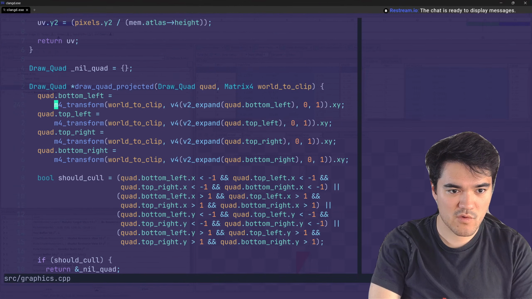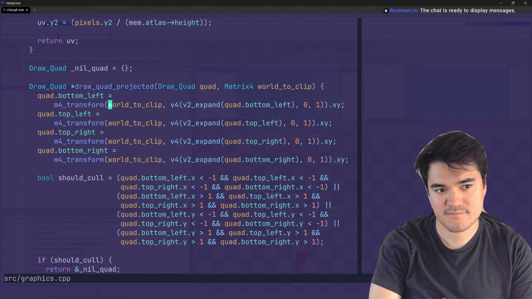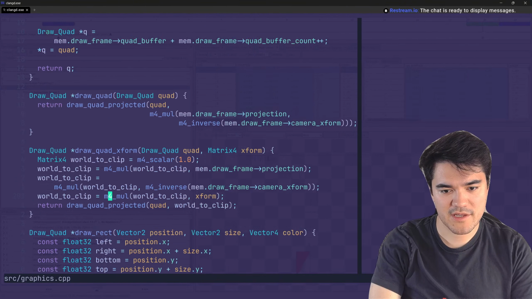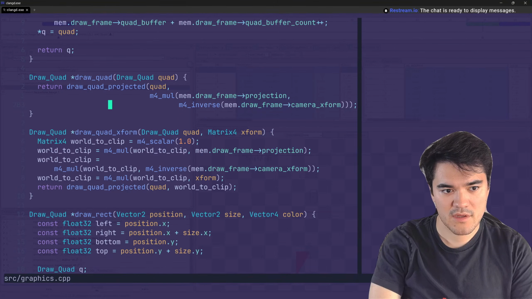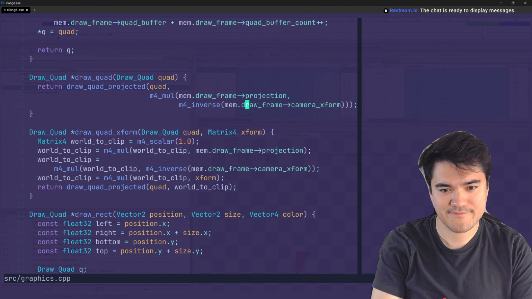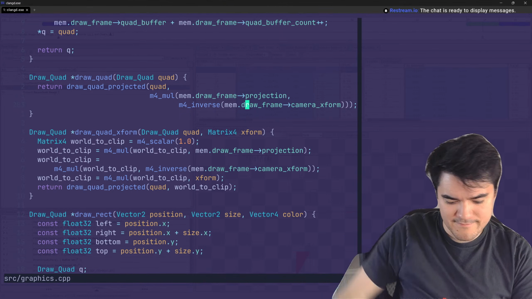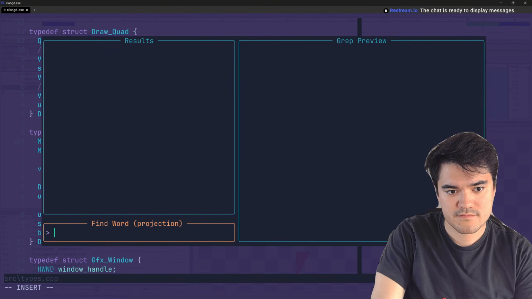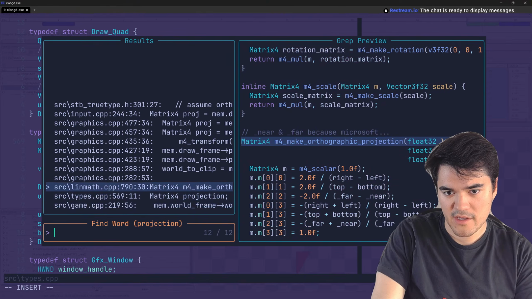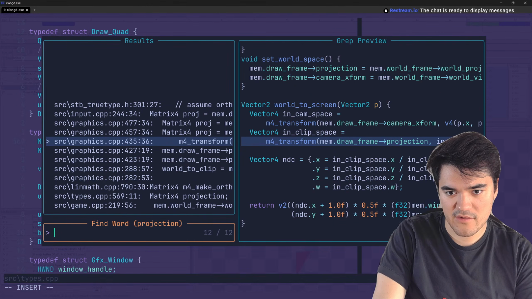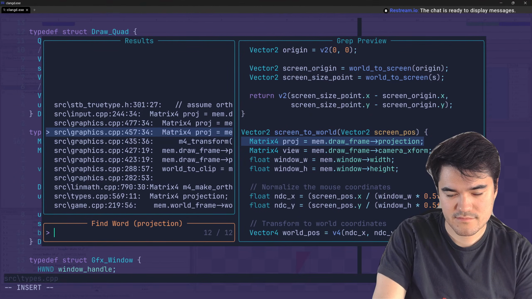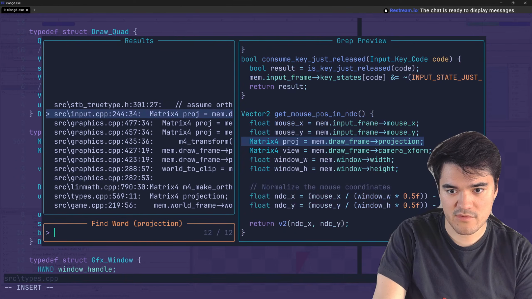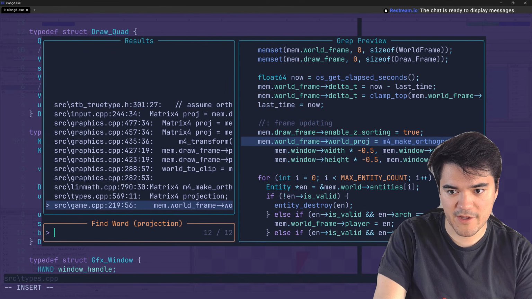World clip, draw quad projected, projection, camera transform. Hmm. I'm making that every frame. Actually, multiple times a frame, right?